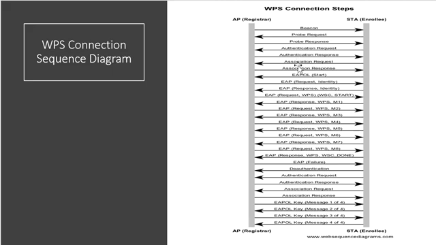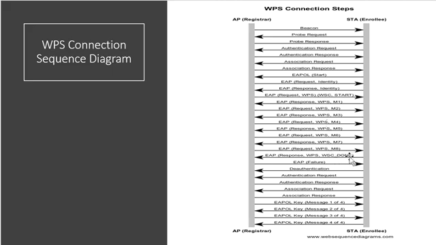Then the association request and association response will happen. So this is nothing but the round one authentication and association. Then all our EAP procedure happens. As I showed you in my previous slides, the EAP procedure consists of 8 packet types, M1 to M8. Here you can see clearly the M1 to M8 messages.